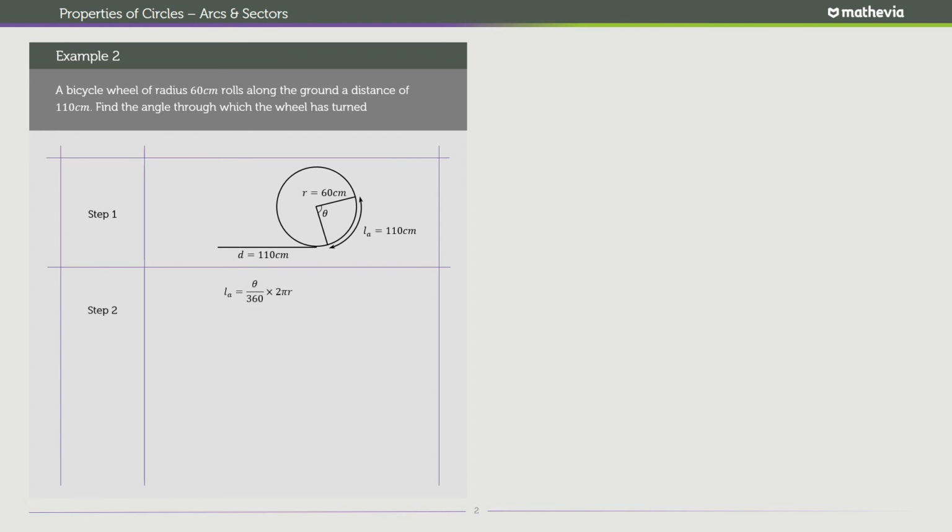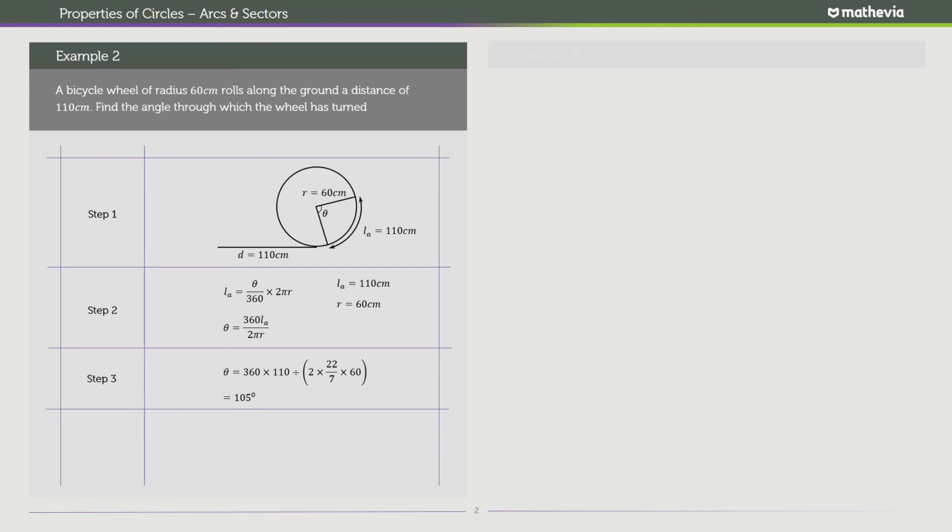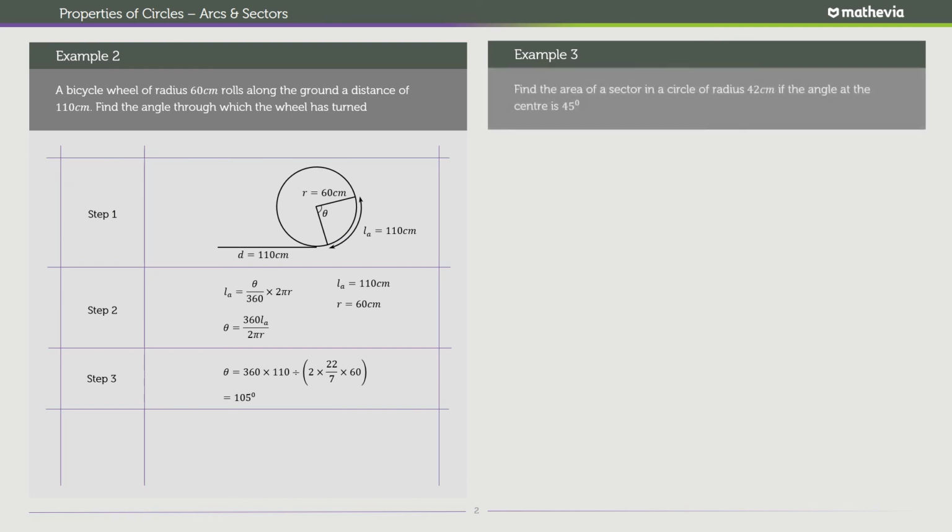So length of arc equals theta over 360 times 2 pi r. Changing the subject of the formula, theta equals 360 times the length of arc divided by 2 pi r. We have length of arc as 110 centimeters and r as 60 centimeters, and we work out our angle to be 105 degrees. Simple, straightforward. Let's move on.